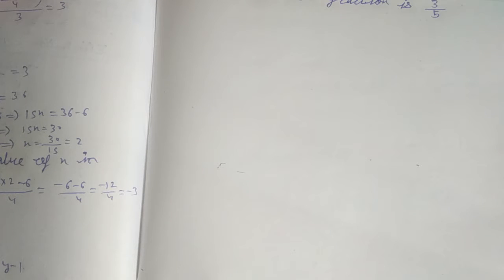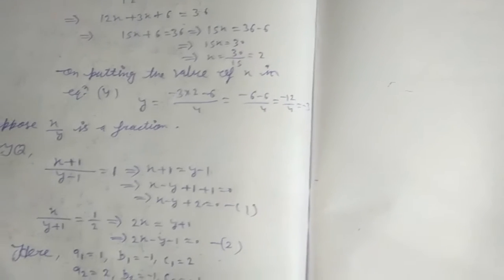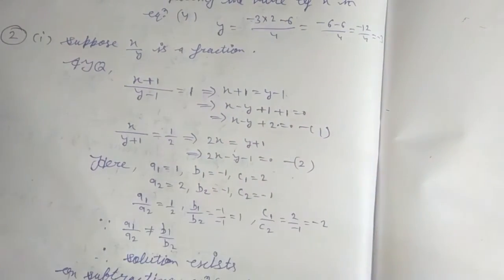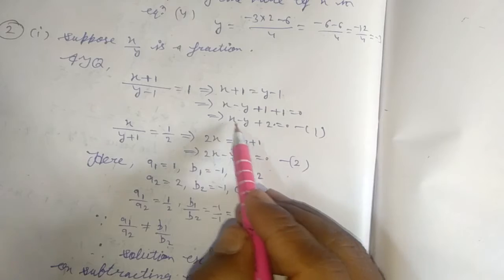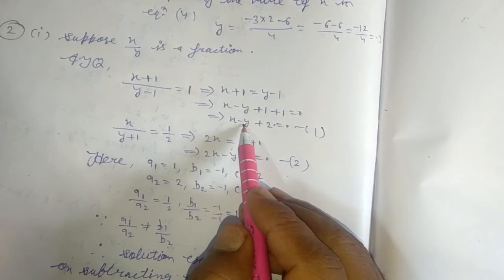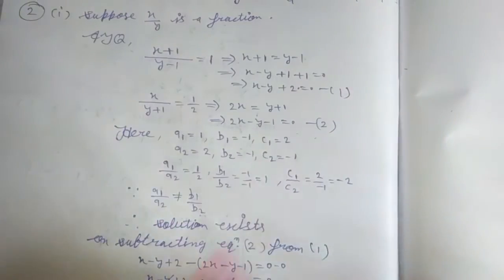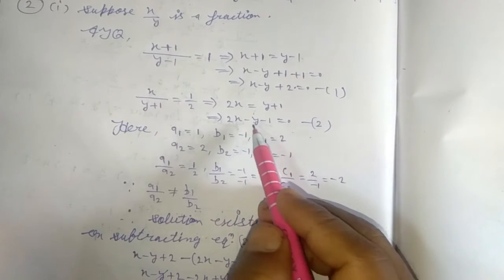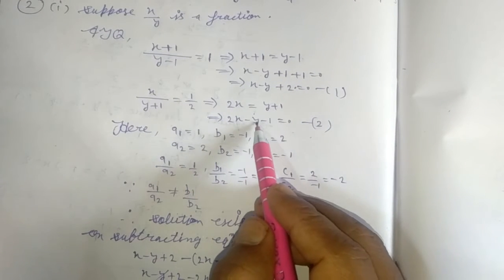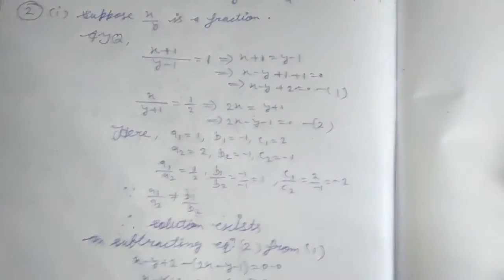Now come to the check. x is equal to 3 and y is equal to 5. 3 minus 5 is minus 2, minus 2 plus 2 means 0. And again, x is equal to 3, 3 times 2 is 6 and y is equal to 5. 6 minus 5 is 1, 1 minus 1 is equal to 0.